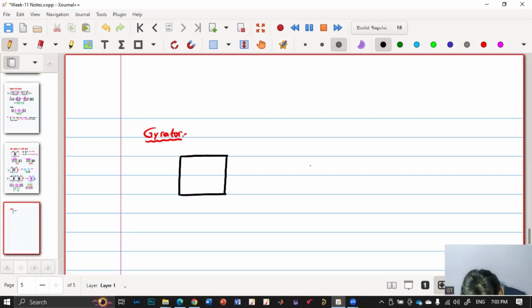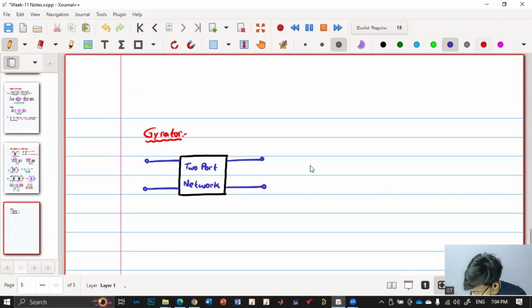Say this is our two-port network. Let us consider the voltage plus minus V1 and current I1, and plus minus V2 and current I2.